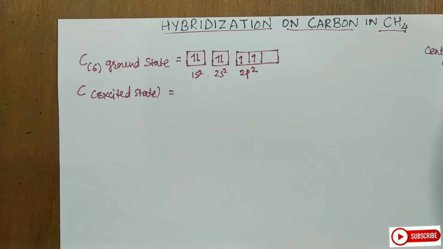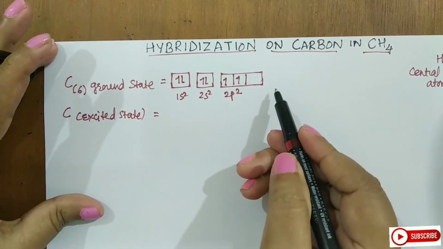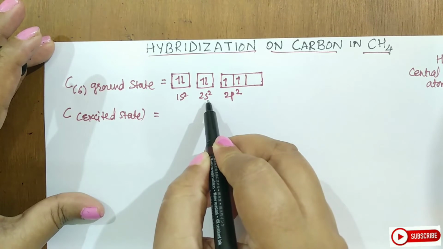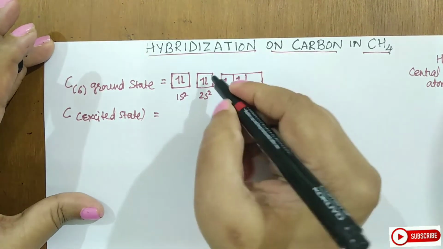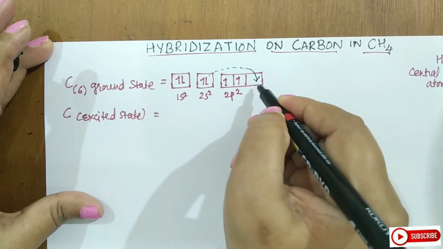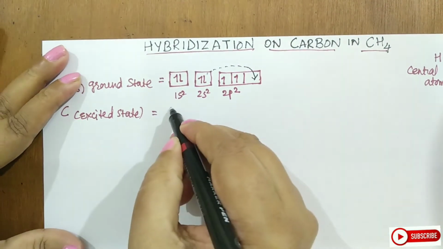When the electron moves from the inner orbit to the outer orbit, that is called excitation. So, an electron from the 2s orbital, which is very close to 2p, will get excited towards the vacant 2p orbital.